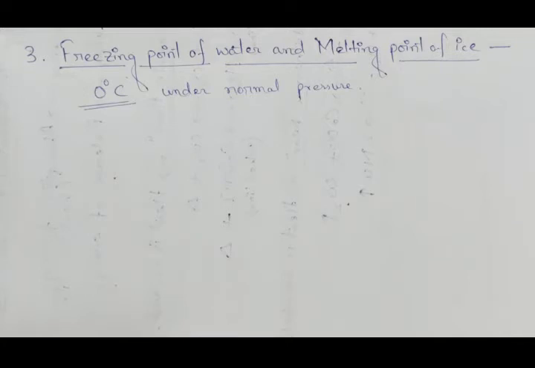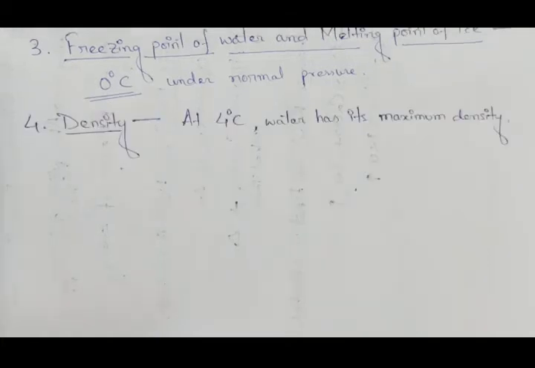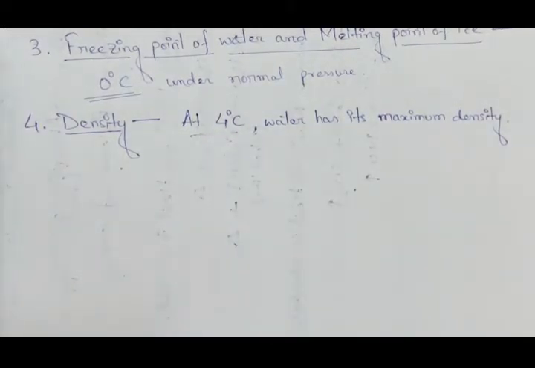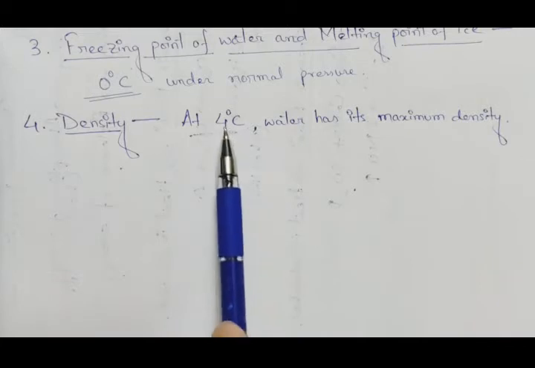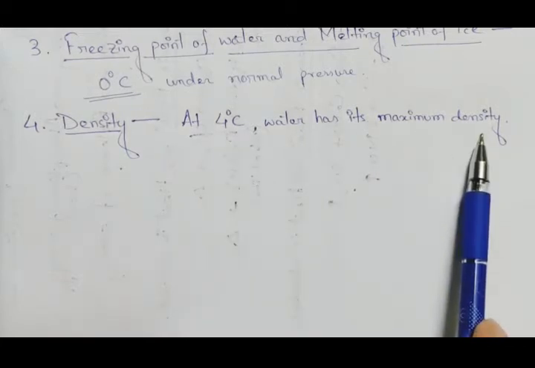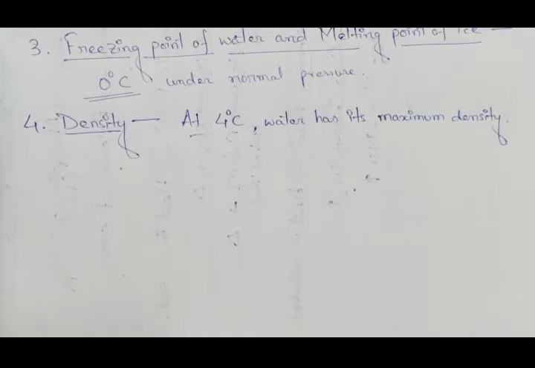Here, the next physical property is the density of water, and it is very important. The density of water is maximum at 4 degrees Celsius. So from liquid, if we start decreasing the temperature, before freezing, at 4 degrees Celsius, the density of water is maximum and the volume of water is minimum.